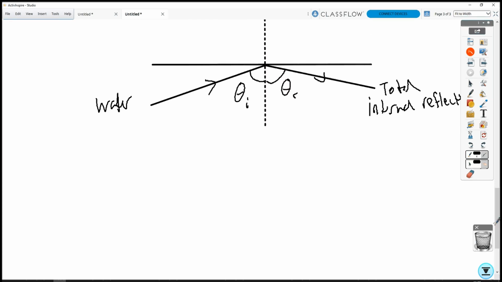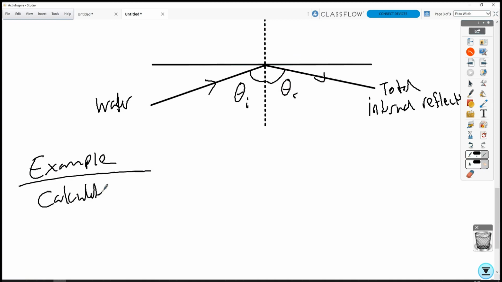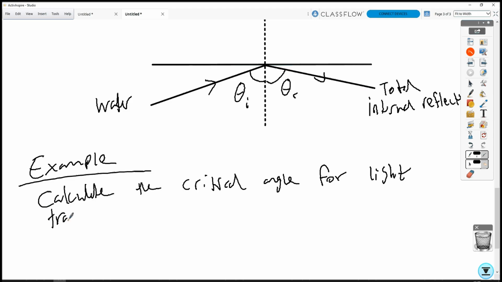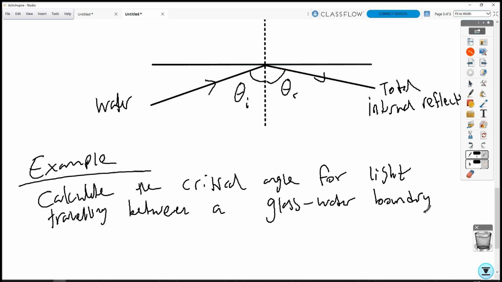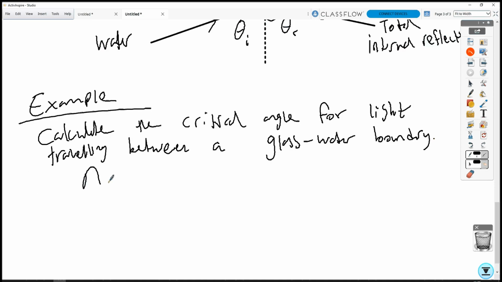We can do an example of this. Calculate the critical angle for light traveling between a glass-water boundary. n glass is equal to 1.5, n water is equal to 1.3.